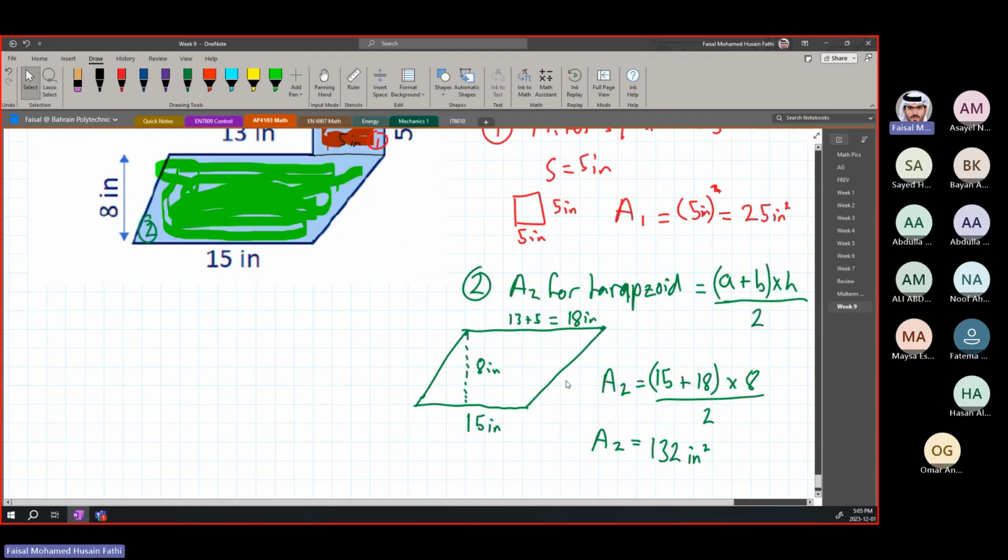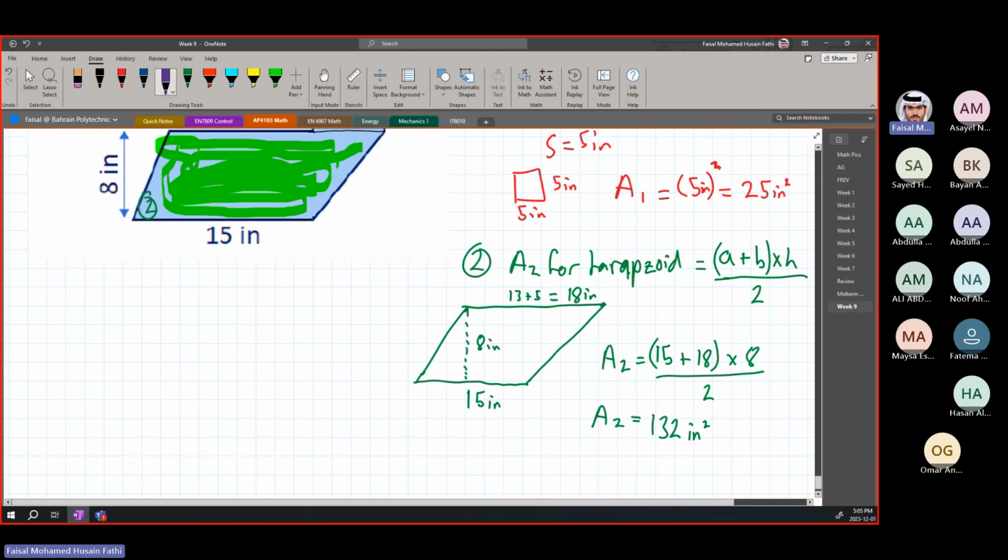And that's it. And now you find the total area, A total, which is equal to A1 plus A2, which is 25 inches squared plus 132 inches squared, which is equal to 157 inches squared. Why 18?